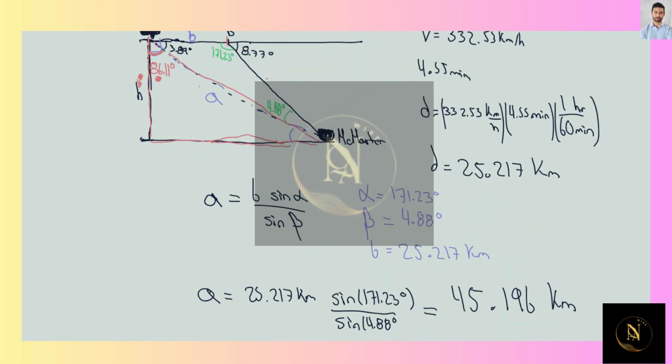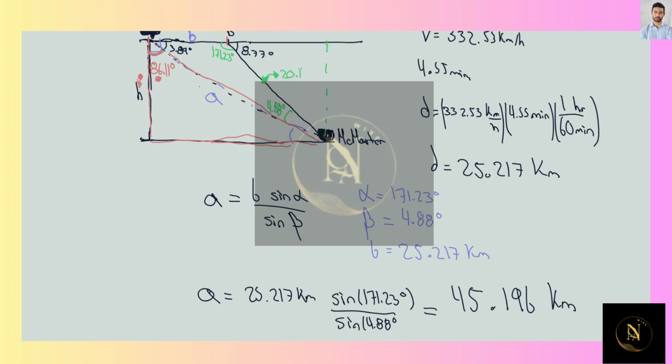Another thing that you can do just to verify the problem is apply the law of sines to get this side over here and calculate the height, employing the sine of the angle of 8.77 degrees, and you're going to find that the result is exactly the same. Just for reference, I did that for checking, but it is not strictly necessary.